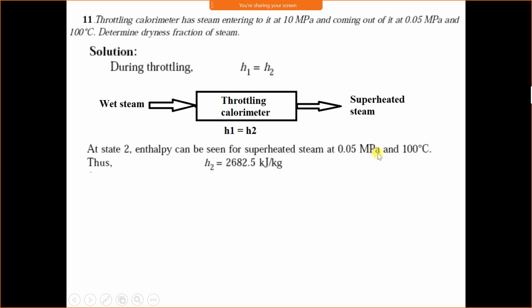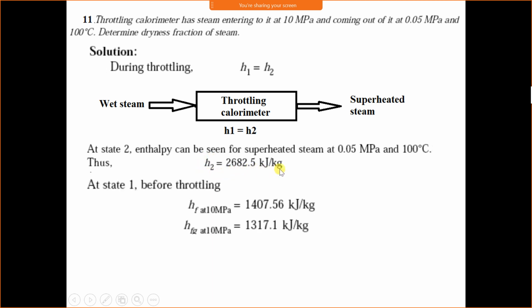Therefore, the saturation temperature will be less than 100. Therefore, at this pressure and temperature, steam is superheated. From the superheated steam table, the enthalpy H2 is 2682.5 kilojoule per kg.